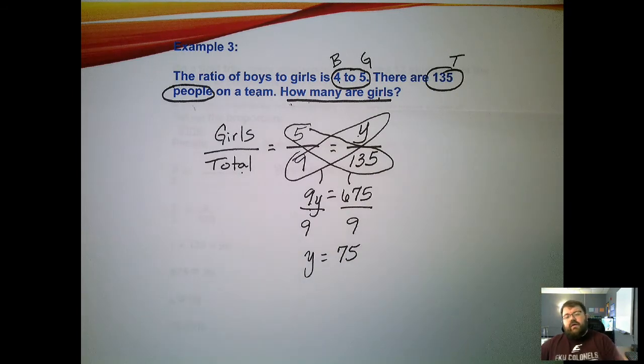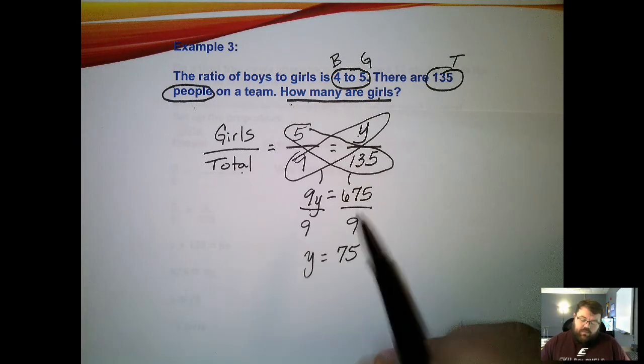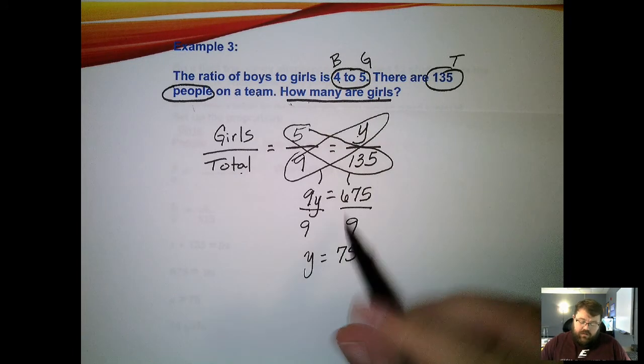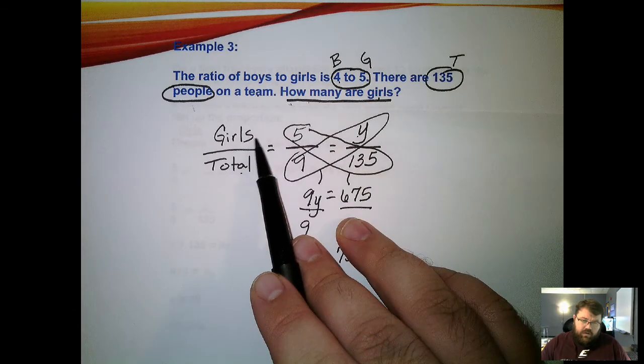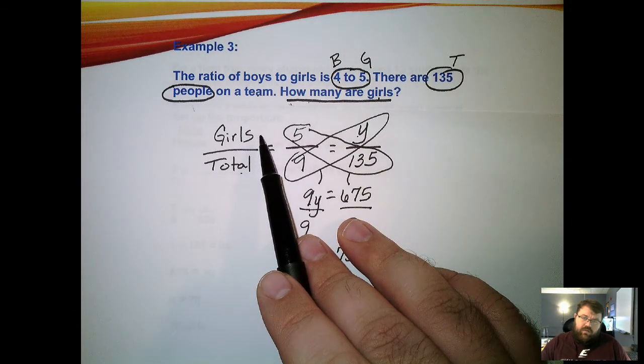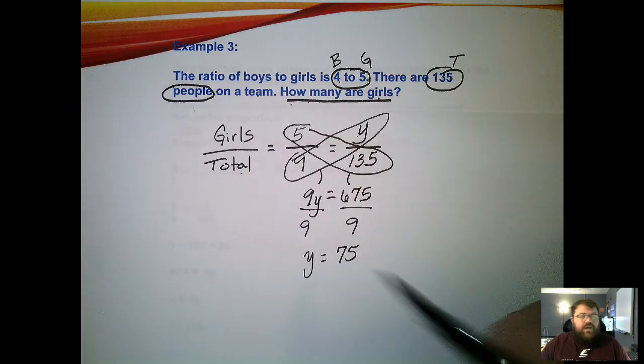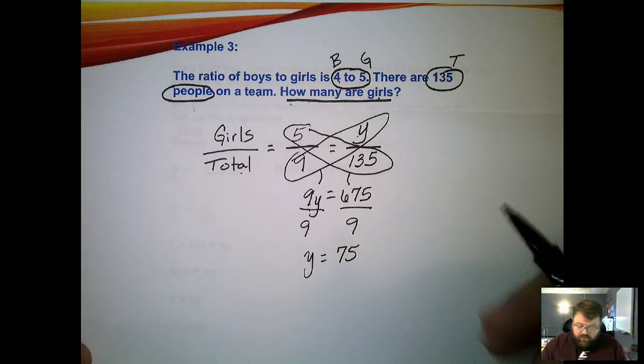Okay? Now, what does this mean? We did all this math, we got 75, but what in the world does it mean? To answer that question, go to where your variable is, look at the unit that you're talking about, and that's your answer. There are 75 girls.